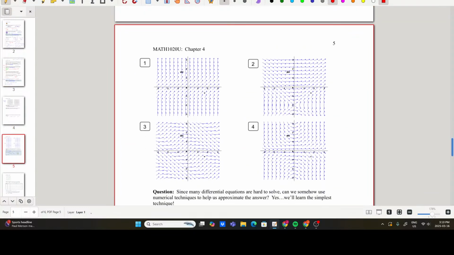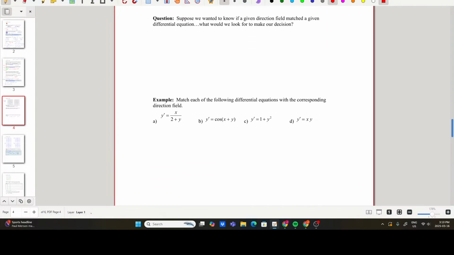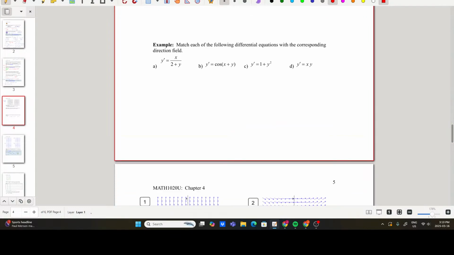Okay. So here comes a difficult part where we actually have to put this into play. Here we have y prime. All of them are differential equations, right? Because they have an x and a y, and we have the slopes of them. So okay, we'll start with a, which is y prime equals x over 2 plus y. Interesting.